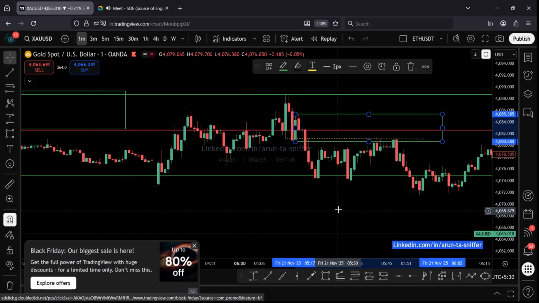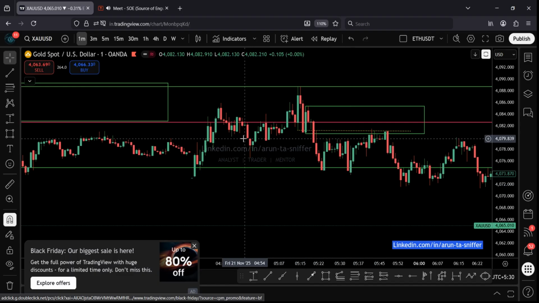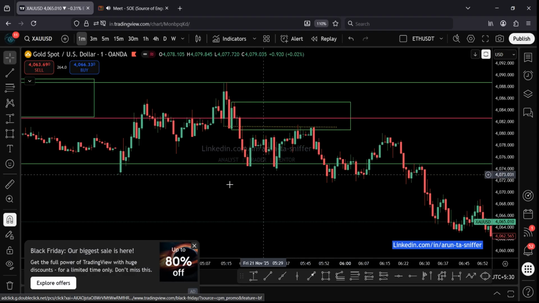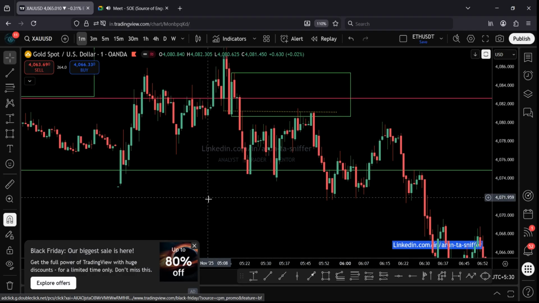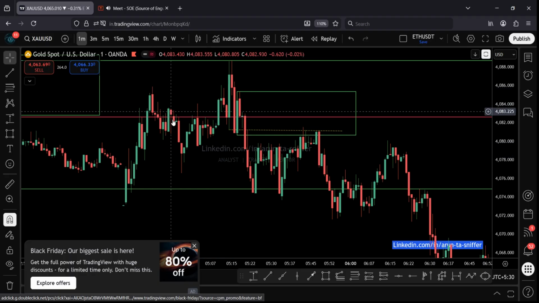Just one entry here. Another one is, if you look at this structure, low, high, lower low, higher high, and price comes back to this LSK.